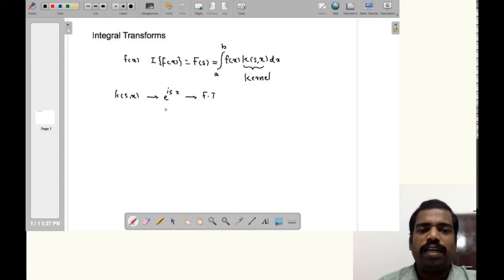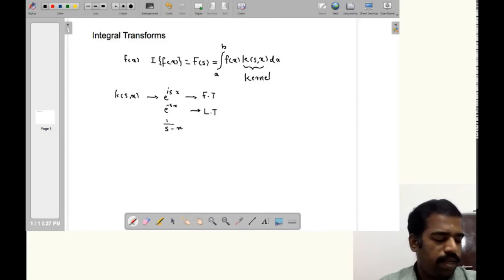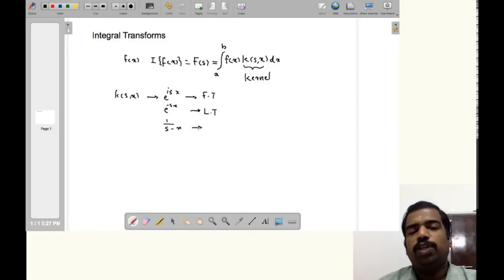If the value of the kernel is e raised to minus sx, it is called the Laplace transform. And if the value of the kernel is 1 by s minus x, it is called the Hilbert transform.